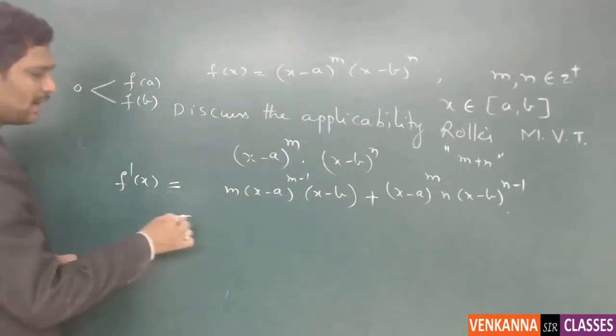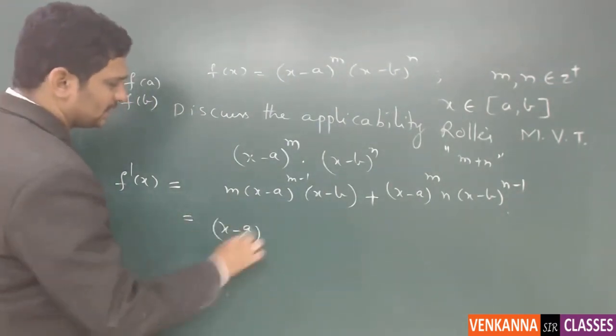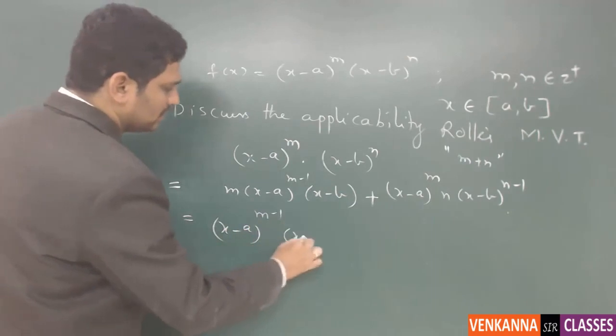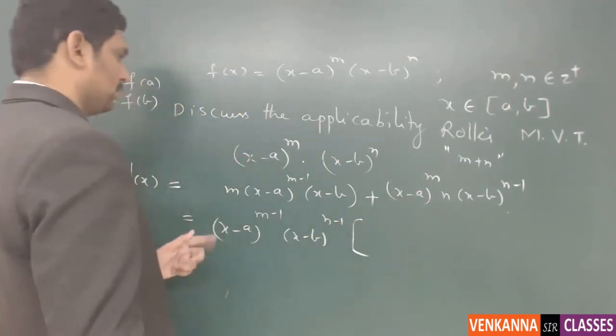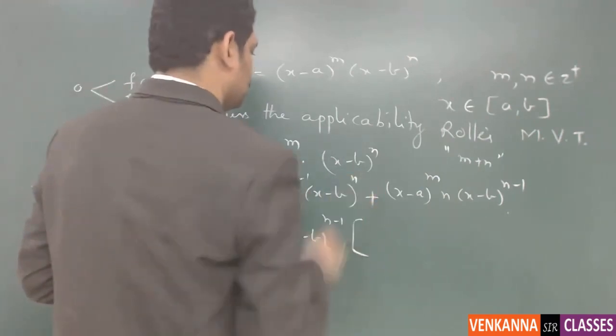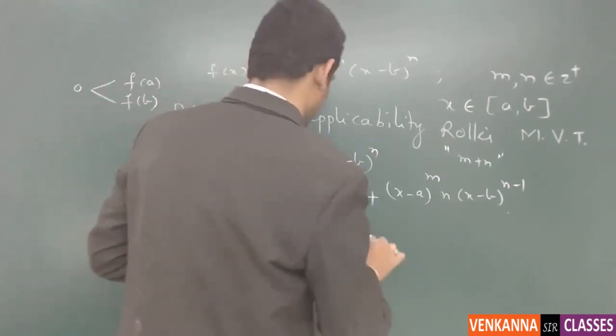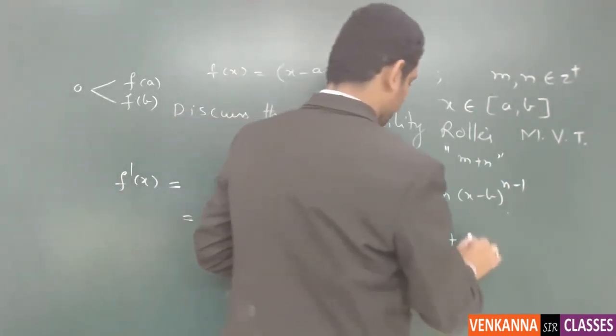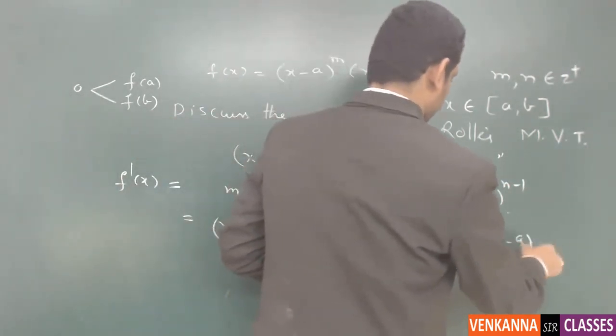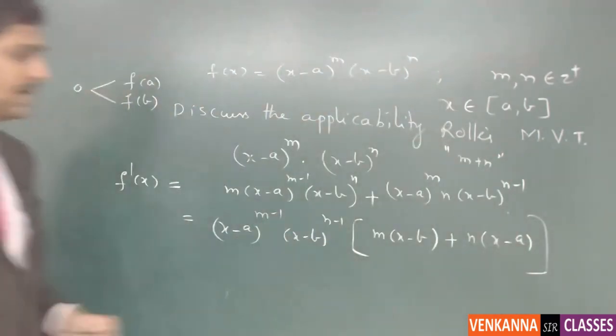So if you take common the values, x minus a whole power m minus 1 into x minus b whole power n minus 1, agreed the value.